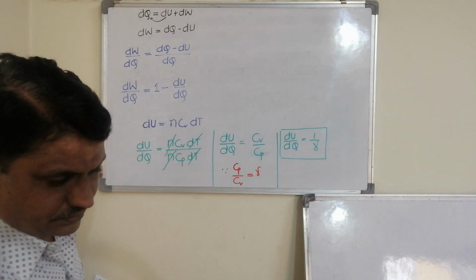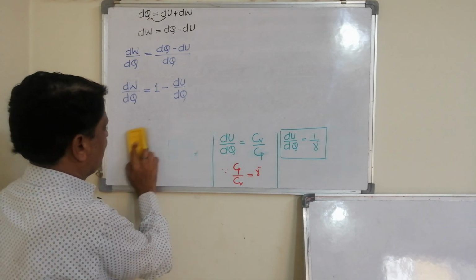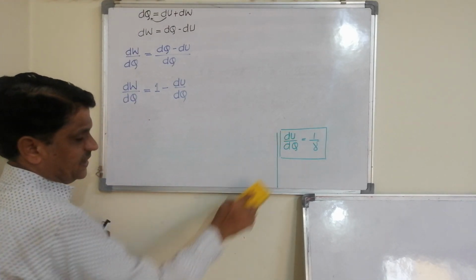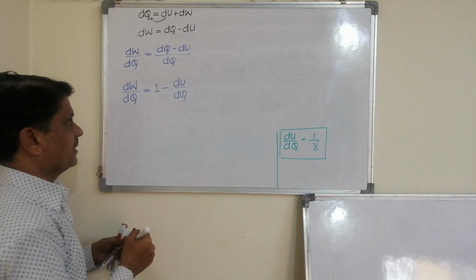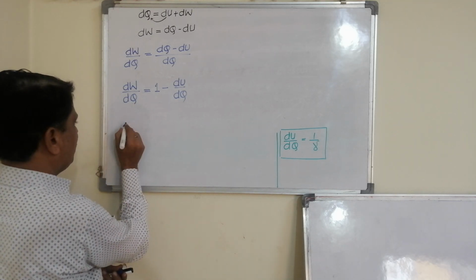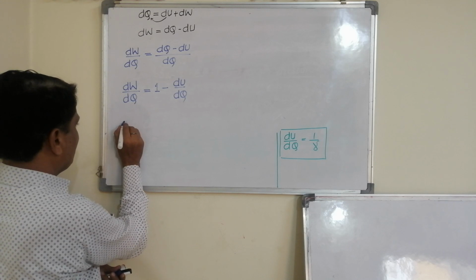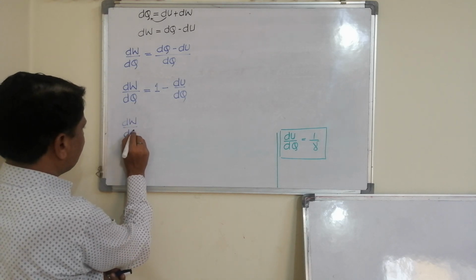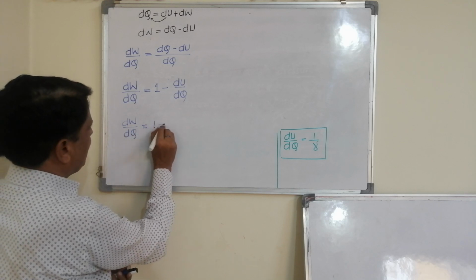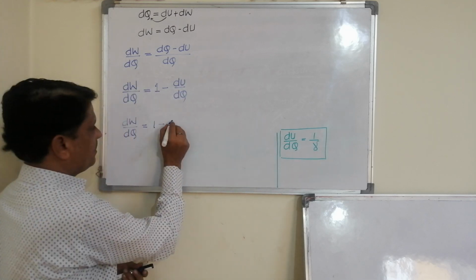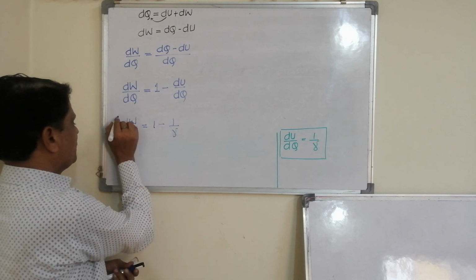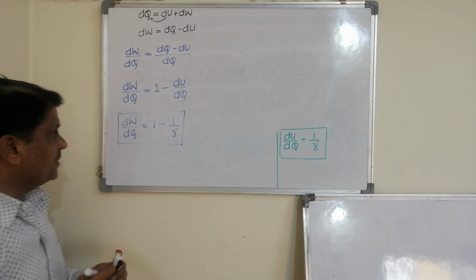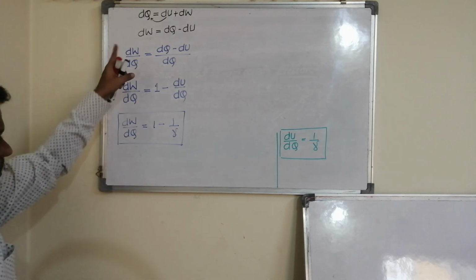And see, just now we have written dU by dQ is nothing but 1 by gamma. So dW by dQ is equal to 1 minus dU by dQ, which is 1 minus 1 by gamma. So this is the fraction of heat energy which is utilized as work. Please note down.